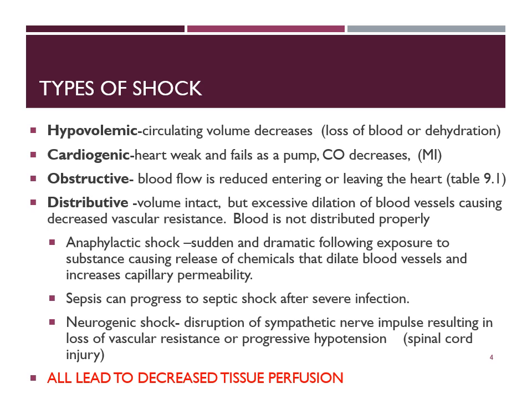So if you turn to table 9.1, it talks about different types of obstructive shock, such as tension pneumothorax. That causes an increase in intrathoracic pressure and compression of the vena cava. So it creates an obstruction.